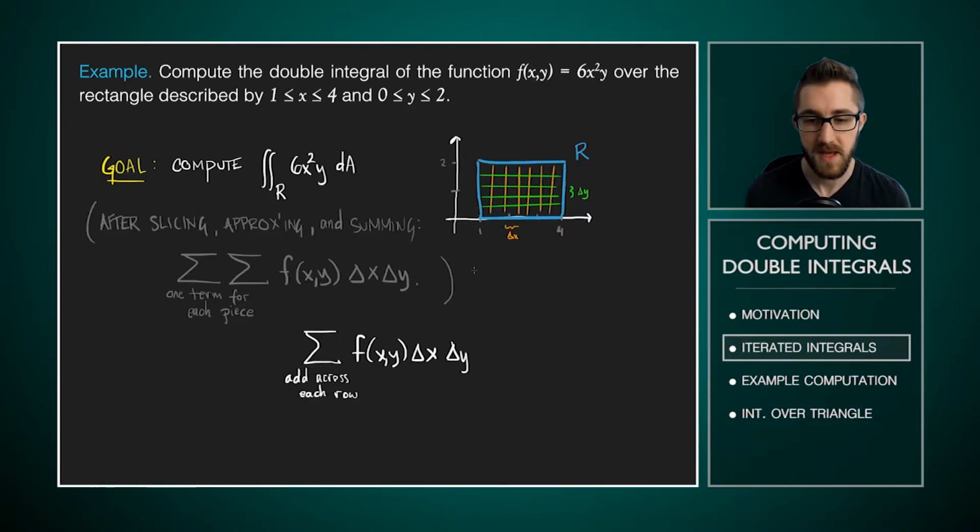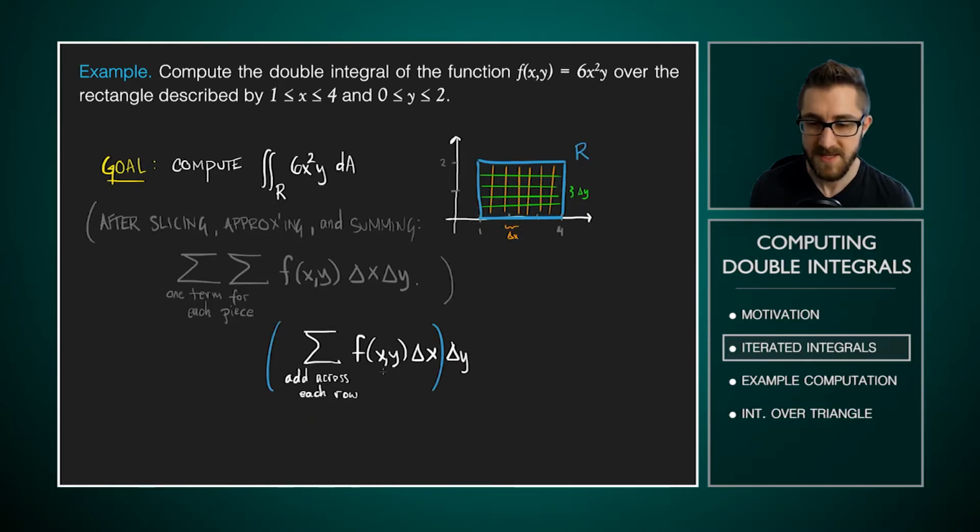Now, the important thing is that if we're moving horizontally in this picture, if we're adding across each row, then inside this sum, x is changing because we're moving horizontally, but y is not. So if y is fixed and x is the only thing that's changing, we can cut out this chunk here and say this sum, ignoring the delta y, in this thing, y is fixed and only x is changing.